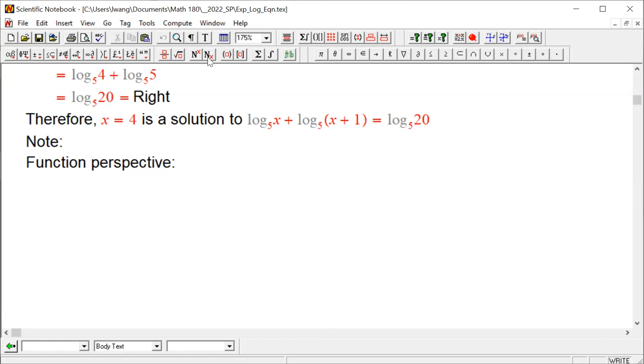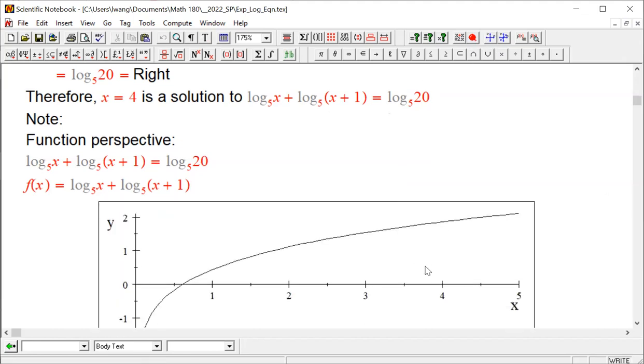The function perspective basically says the function we have is this piece. So we actually do have a function. How does the graph look? Graphing this function is not quite straightforward, so we have technology, so we use it.